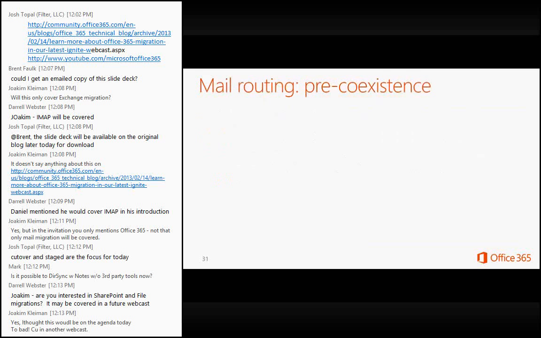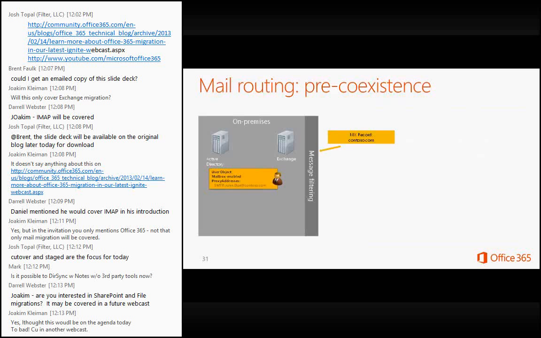So we mentioned that we would talk about some of the mail routing. Again, this is specifically talking about the staged migration. This is fairly simple. This is pre-coexistence, so this is exactly how it is today. Your MX record points to your on-premise organization. Somebody sends you an email.